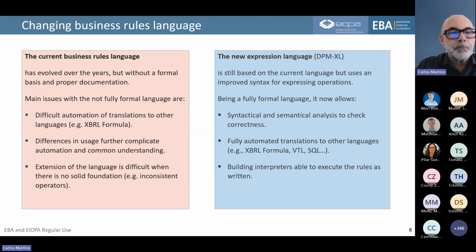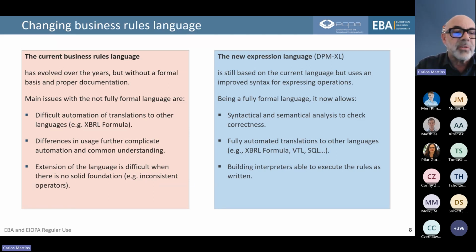There are some differences in usage. So, for instance, at EBA, the syntax is not used exactly in the same way as EIOPA. So this complicates, of course, especially for people that need to deal with both types of validation rules. So it does not facilitate understanding.